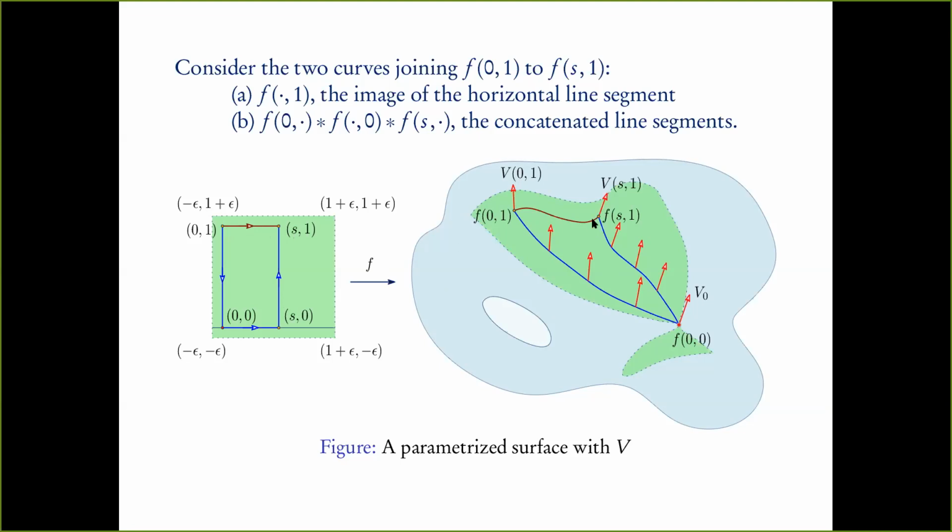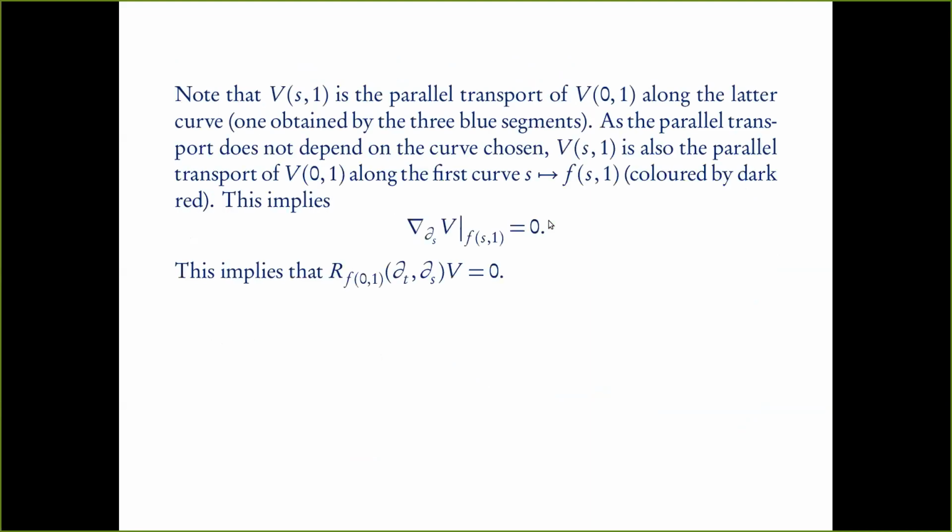The red curve is simply an integral curve for del s. What we have just shown is that V is parallel to del s, so this quantity is going to be 0. I'm just evaluating this at f(s, 1); you could evaluate it at any other intermediate point. Is that okay?